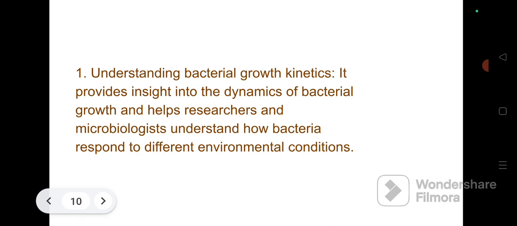If you want to use these cultures for fermentation industries, you always require fast growing cultures which can give product formation in a short period of time, and that's why generation time and the study of growth curve is very significant.